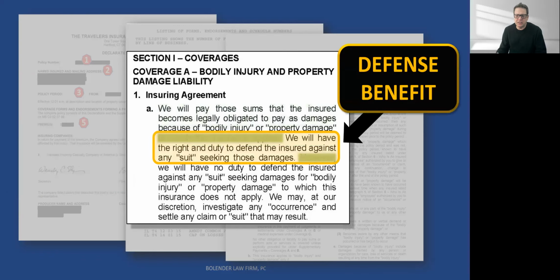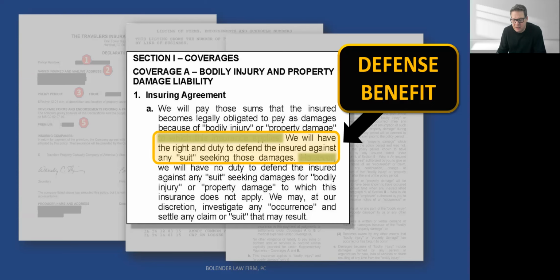Now, let's look at the second sentence. This is the defense benefit. That promise is limited to lawsuits seeking damages that are potentially within the scope of the indemnity benefit. So in the first two sentences of this insurance agreement, we have two promises, two duties, two benefits, both equally important, related, but separate and distinct in purpose and in scope and in their respective triggers.